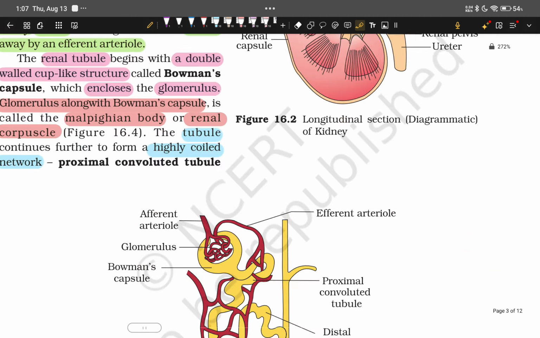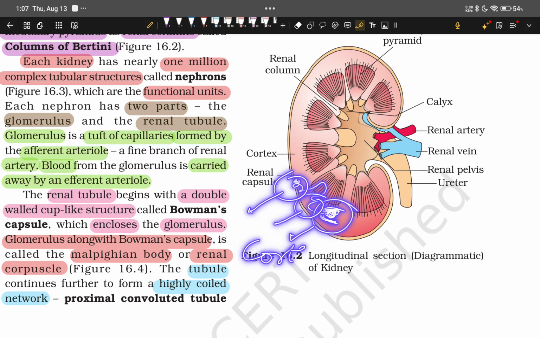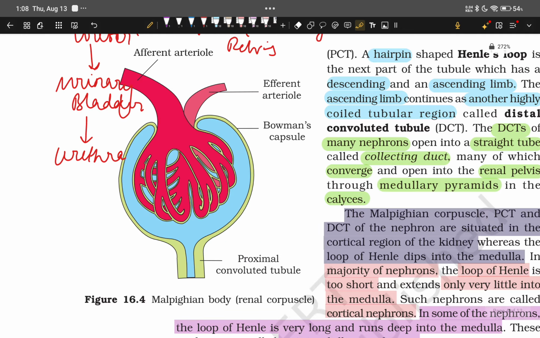So I have to mark this, very important, that if we talk about nephron, then parts of nephron, we have Bowman's capsule together with tuft of capillary in it, which is glomerulus of course, and then we have PCT, then loop of Henle, and then DCT. So Bowman capsule, DCT and PCT all are located in cortex, whereas loop of Henle is located where? In medulla.